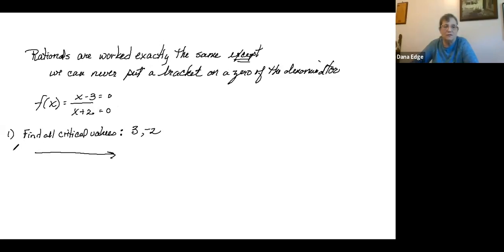That's step 1. Step 2 is mark them on a number line: negative 2 and 3. Find test values. How about negative 3, 0, and 4?